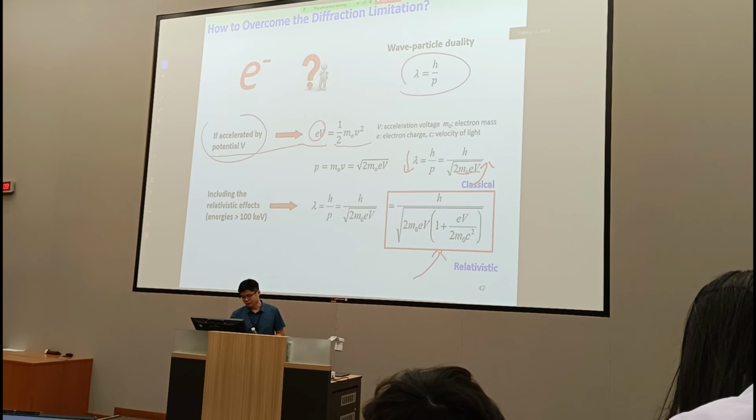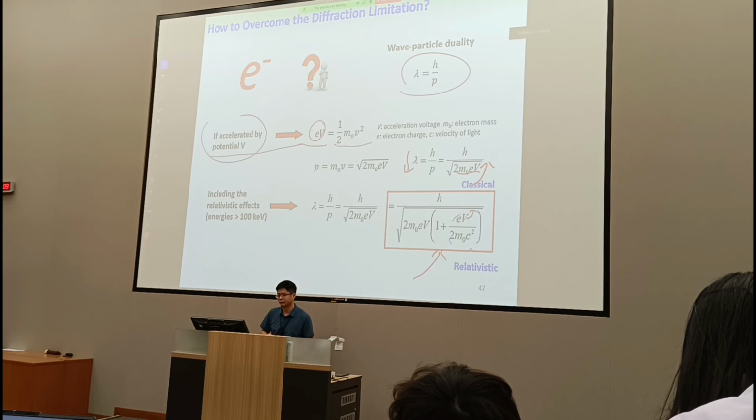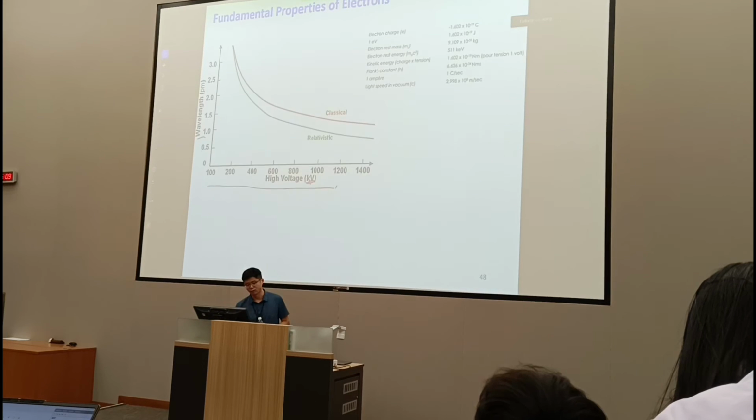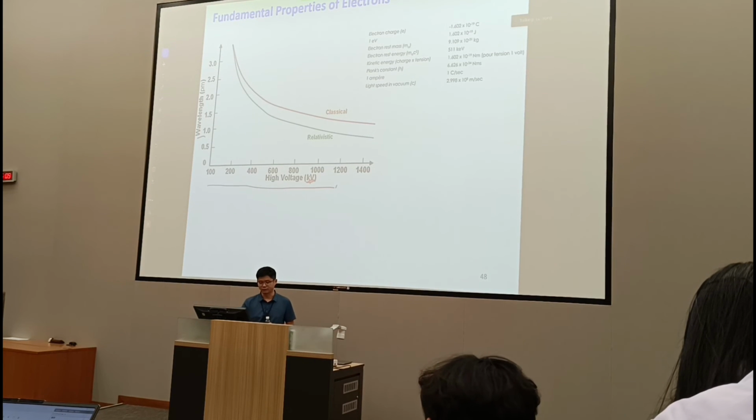So you see that as you increase the voltage, right? Those are all positive terms, so you further increase the value of the denominator. You make the lambda even smaller because of these correction terms. Kilovolts. You see the difference.